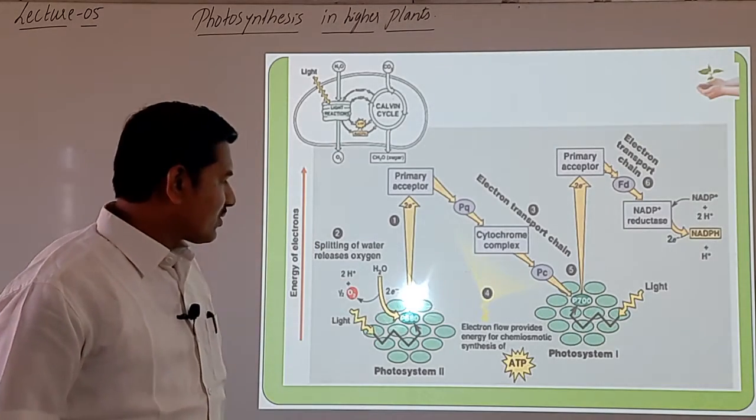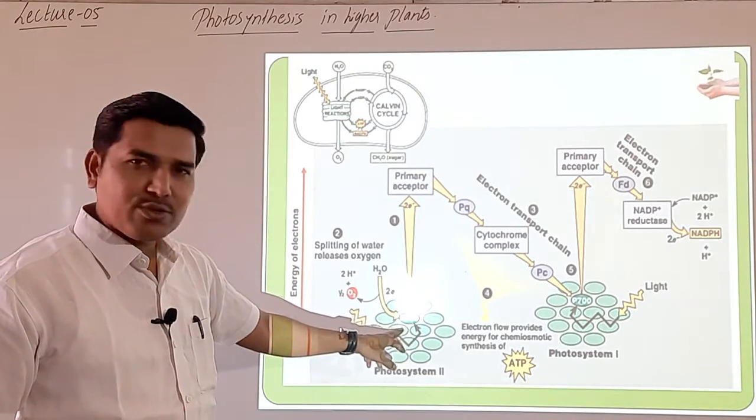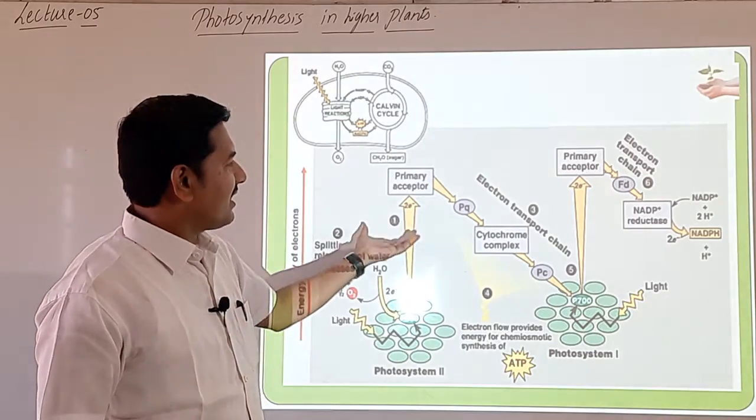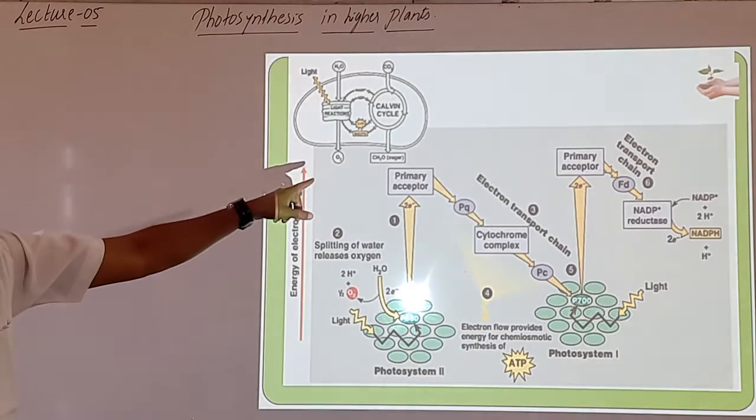Then the electrons which are released reach the reaction center of PS2, it gets photo excited, then electrons are transported to the primary acceptor.